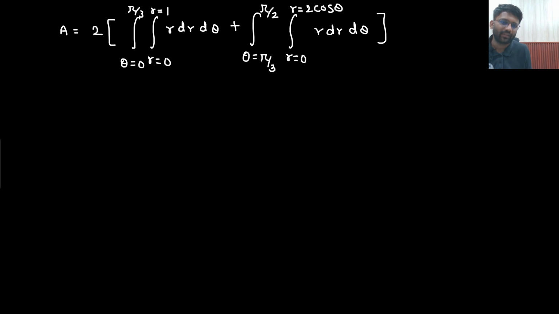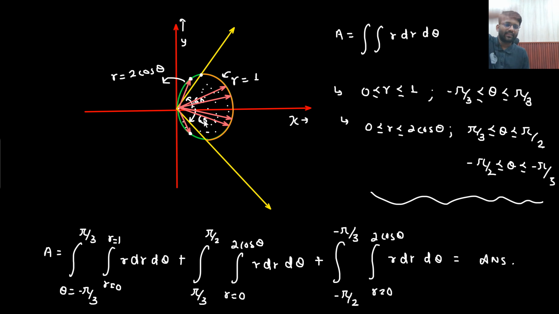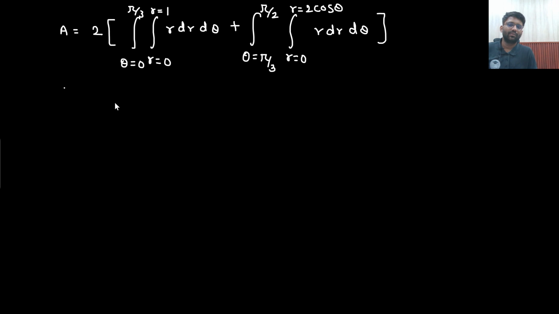Isn't it correct? Because whatever positive area you are getting, the same area you will get downward as well. There you go. This is what you can do. Say yes or no.